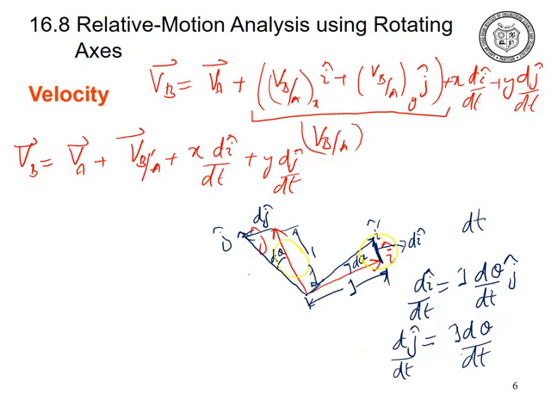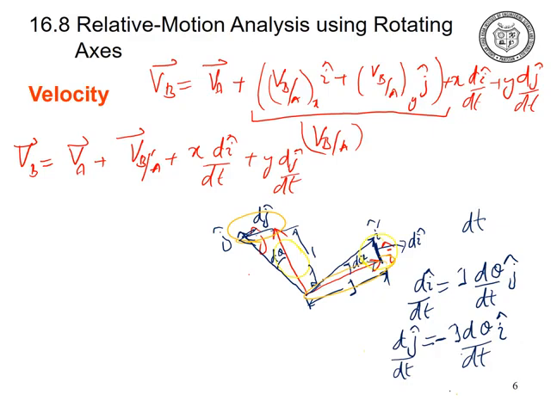So what is the direction of dj? As can be seen, dj is in the negative i direction. So we can write here minus i.